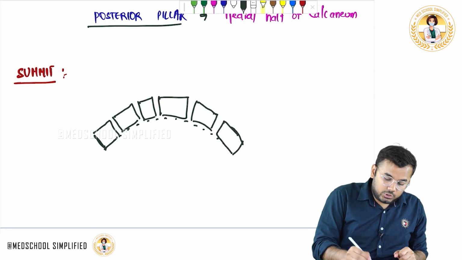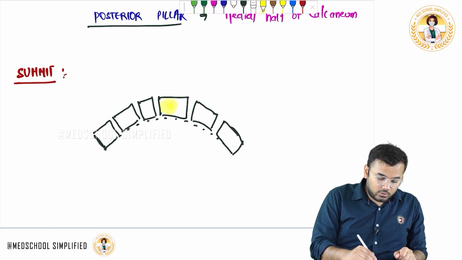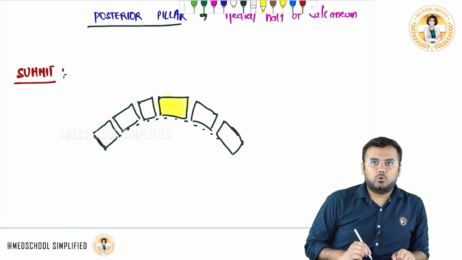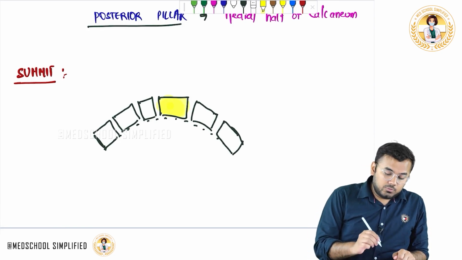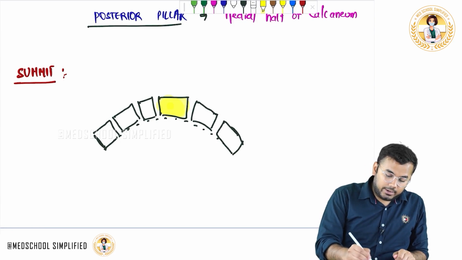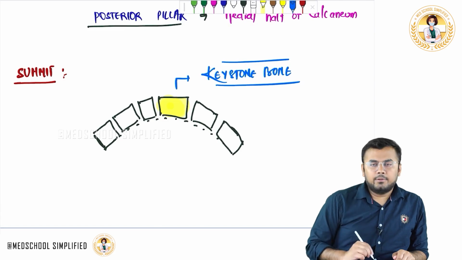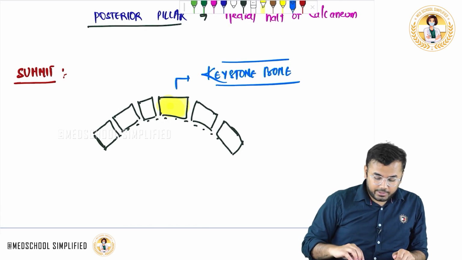Now in this you tell me where is the summit or keystone bone. The bone which is located exactly in the center is called the keystone bone. Now this bone is very important. Let me write it down: this is the keystone bone. Now why is this keystone bone very important?